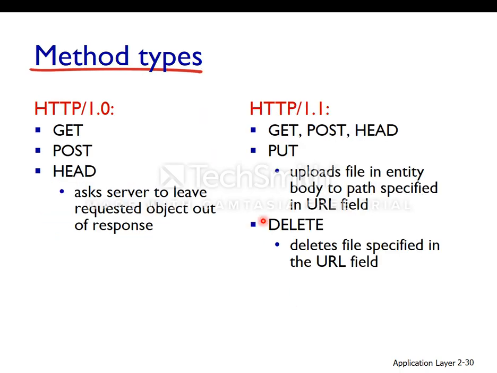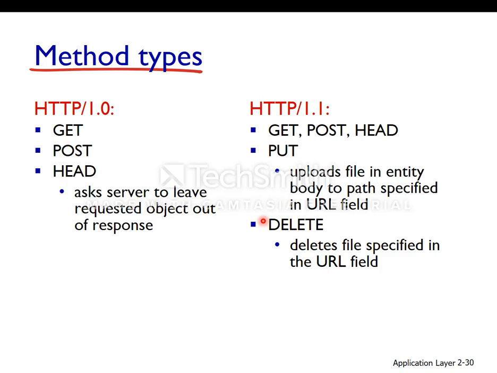So HTTP 1.0 had the following method types: get, post, head. We've spoken about get and post. The head just asks the server to leave out the requested object from the response. HTTP 1.1 had these HTTP 1.0 methods, and it also added put and delete. Put would upload the file in the entity body to the path that was specified in the URL field, whereas delete would delete the file that's specified in the URL field.